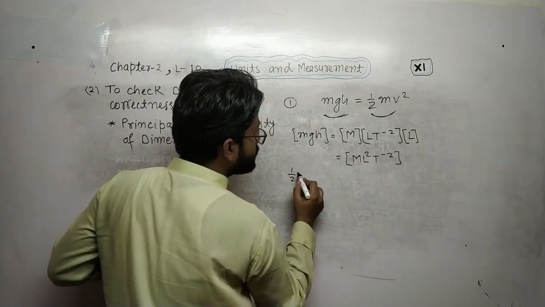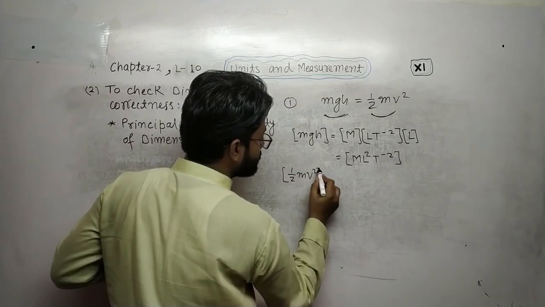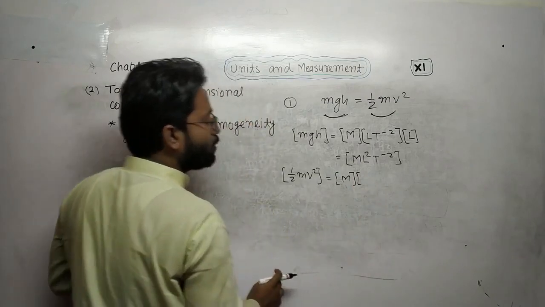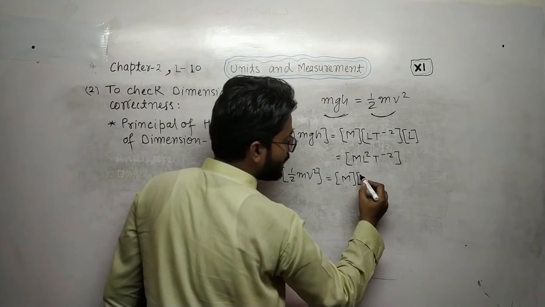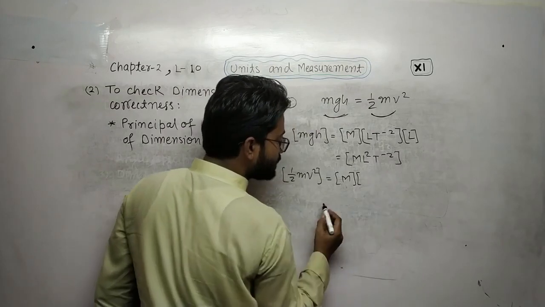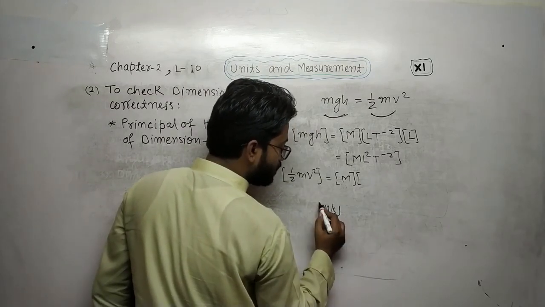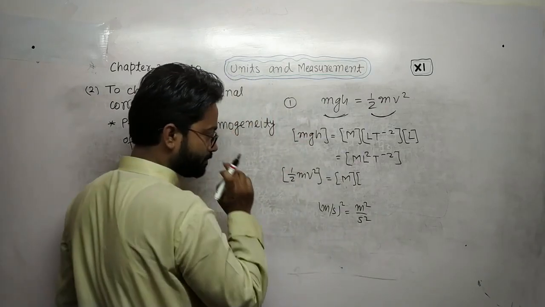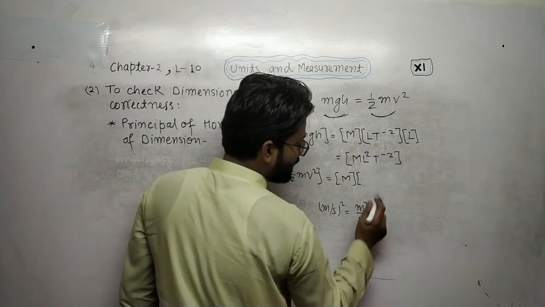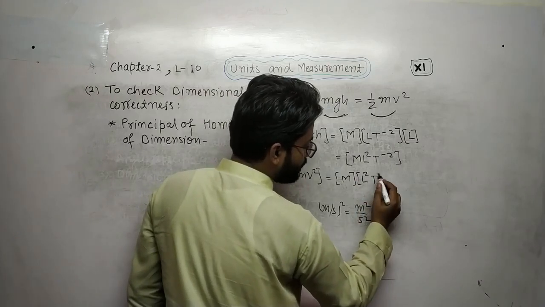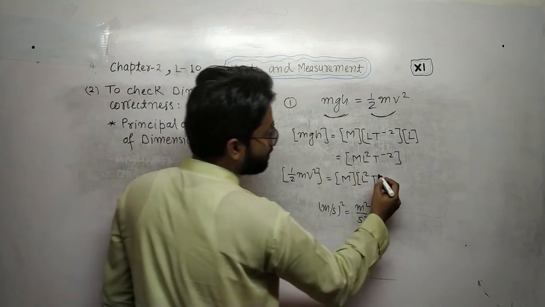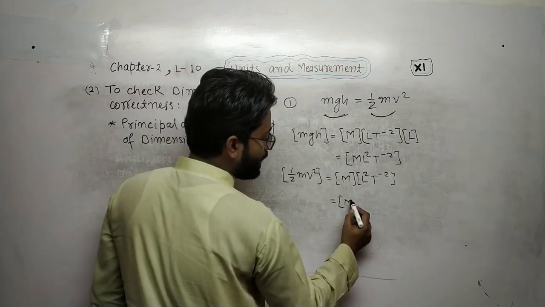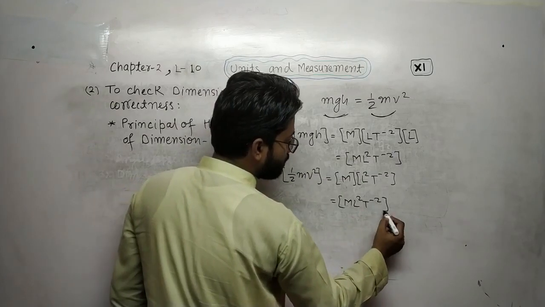Now for 1 by 2 mv square, m is the mass, dimension capital M. v square is meter per second whole square, simply meter square per second square. Meter square means L square, second square means T to the power minus 2. After combining you will have M L square T to the power minus 2.